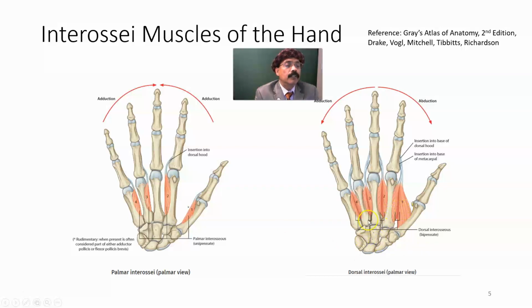Dorsal interossei are for abduction. We have the middle finger as the axis, so anything away from that is abduction. The palmar interossei are for adduction.